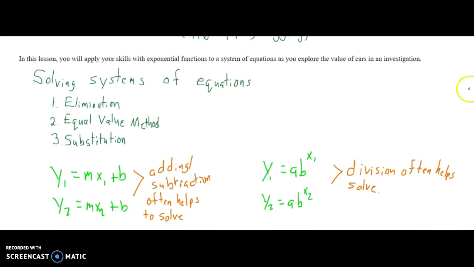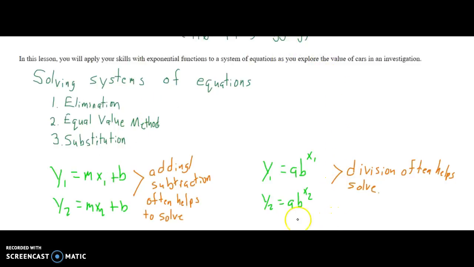A couple of things to keep in mind as we look at solving systems of equations. We've looked at some different methods. When we've looked at linear equations, we've looked at the elimination method, equal values method, and substitution method. These were all three different methods to solve systems of equations if we had two linear equations.